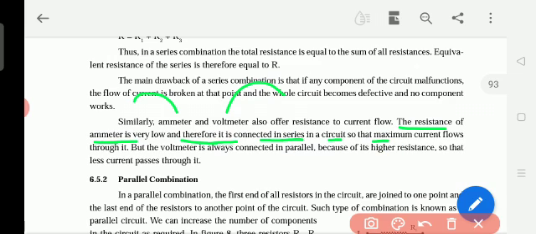So why is the ammeter added in series and the voltmeter added in parallel? The reason is that the resistance of the ammeter is very low, so it is connected in series so that maximum current flows. Low resistance means more current flows. But the voltmeter is always connected in parallel because of its higher resistance, so that less current passes through it. Underline this point.